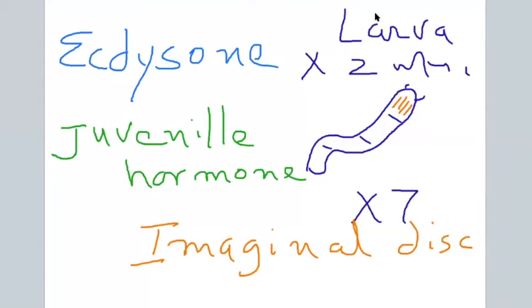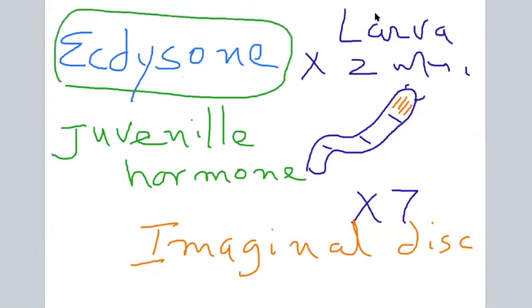If the level of juvenile hormone is more, the larva continues to stay larva. If the level of ecdysone increases more than juvenile hormone, then it proceeds to the next step. Larva begins to dissolve.